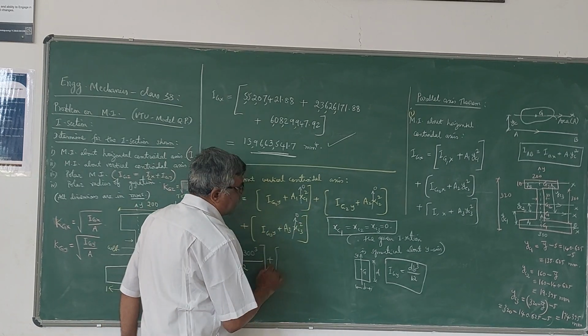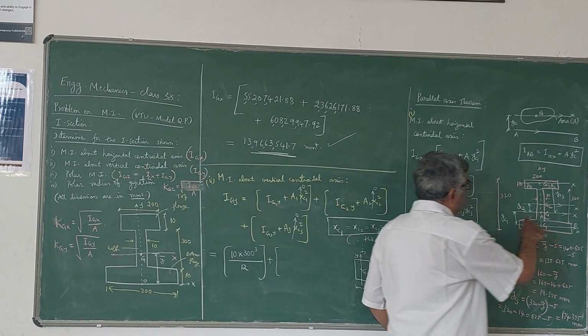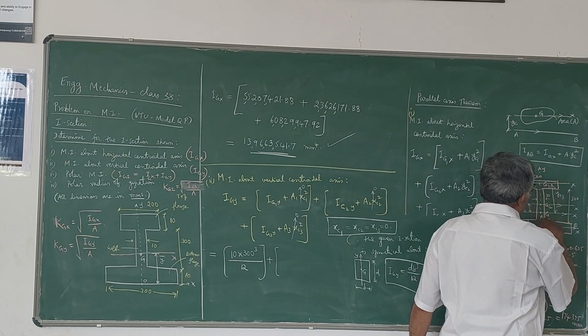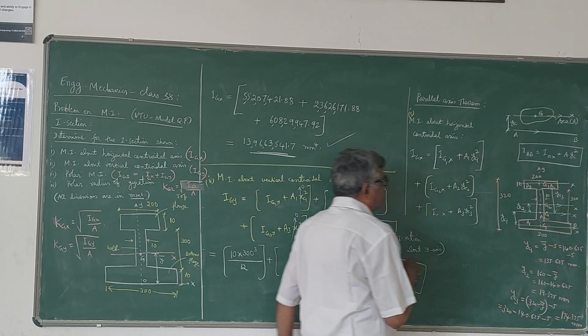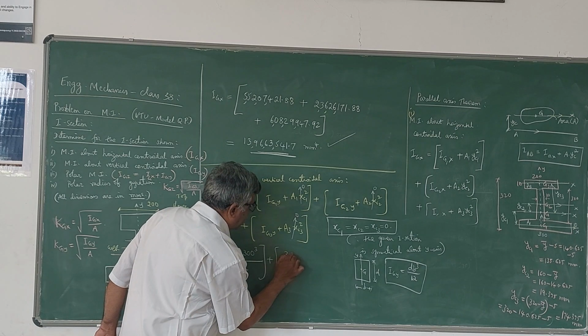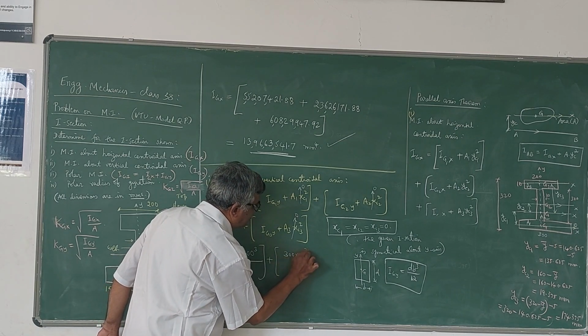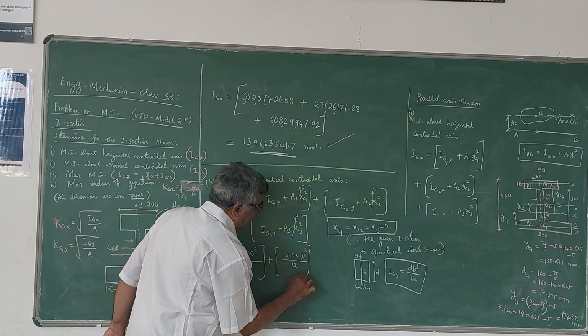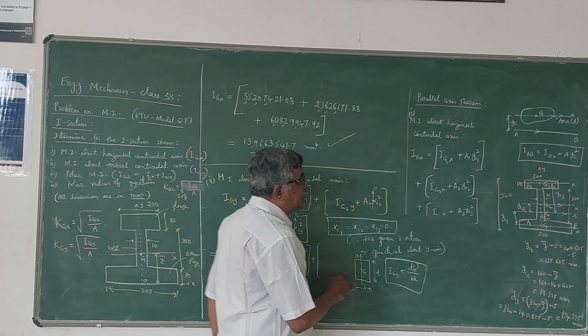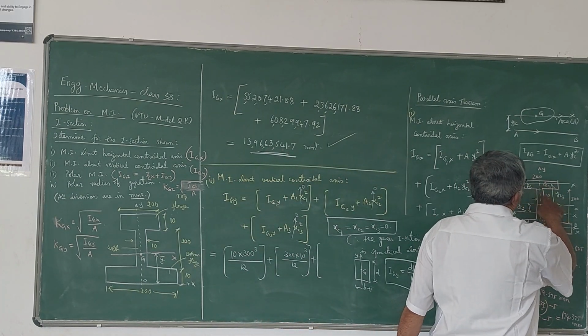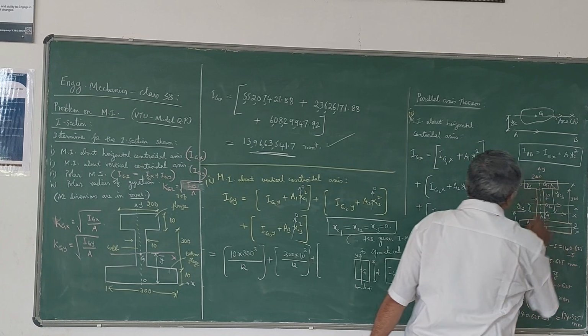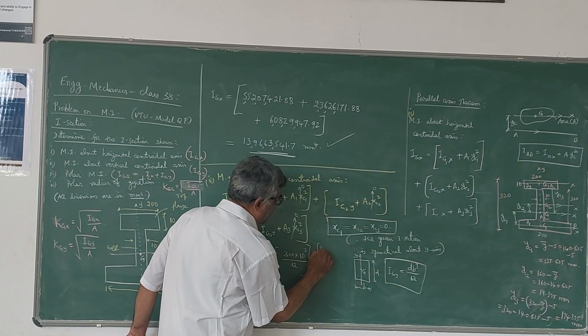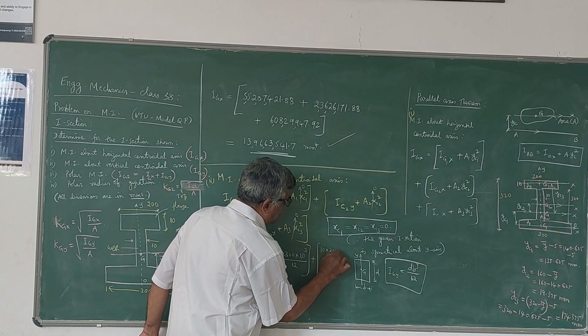For the second rectangle, it is DB cube by 12, so 300 into 10 cube by 12. Then for the third rectangle, it is DB cube by 12, which is nothing but 10 into 200 cube by 12.